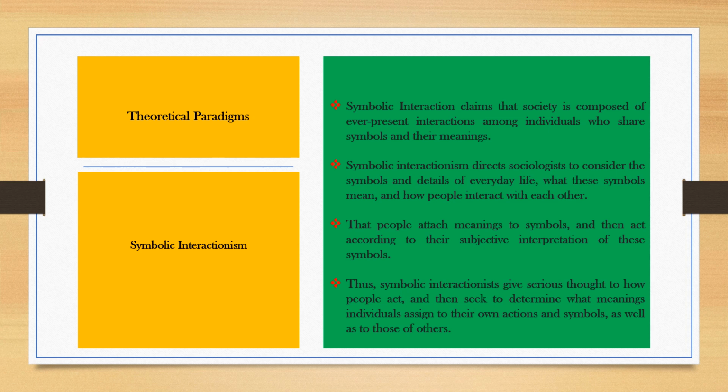What symbolism do we attach to ceremonies that take place during birth, during initiation, during burials, among others, or a graduation gown, or a flower that one gives to his or her lover during Valentine? What meanings do people attach to these symbols, and how do they interpret them?